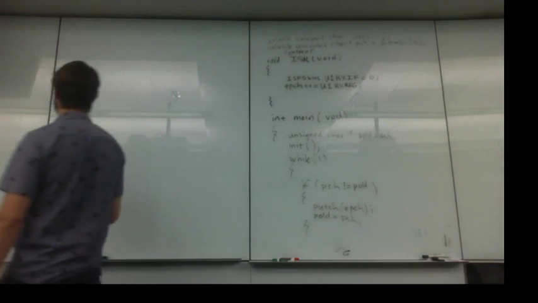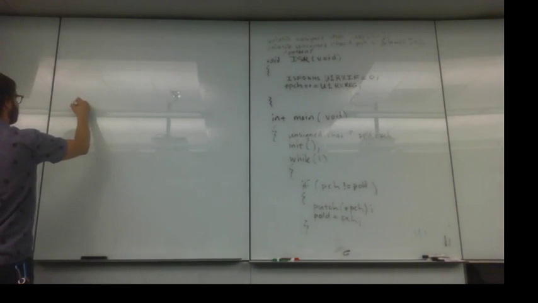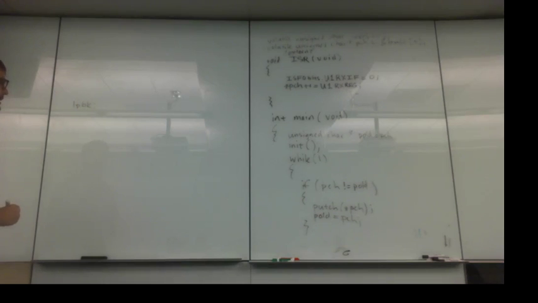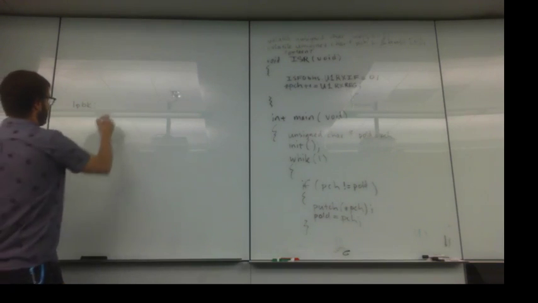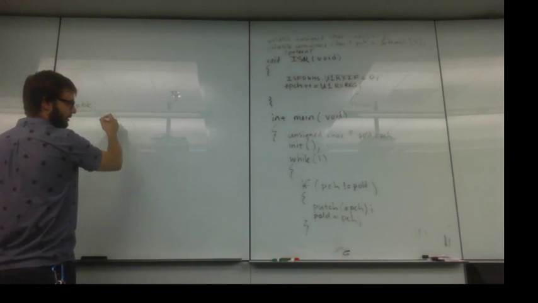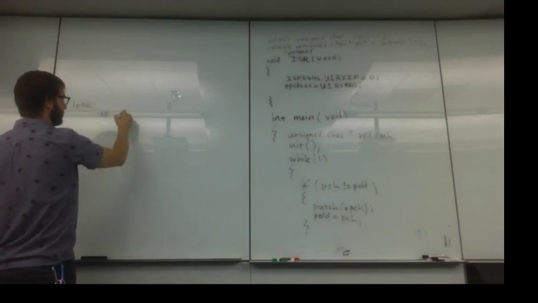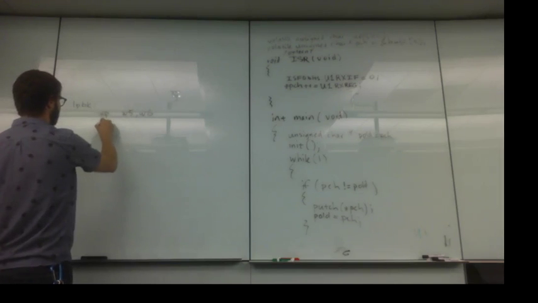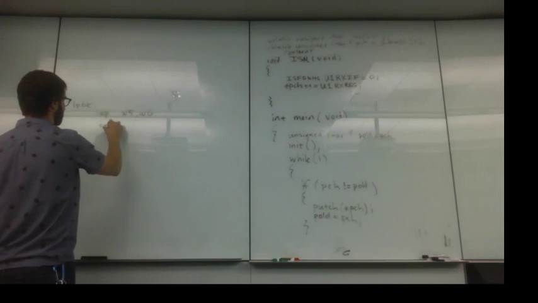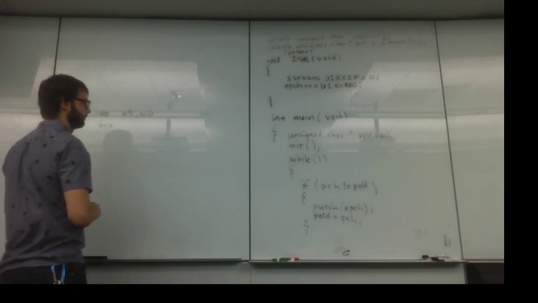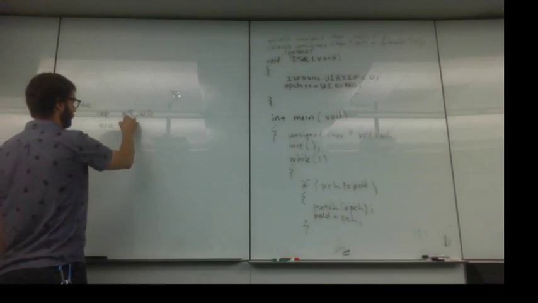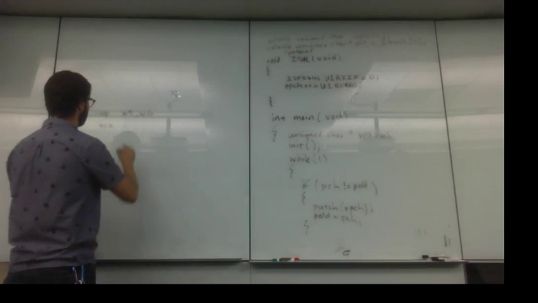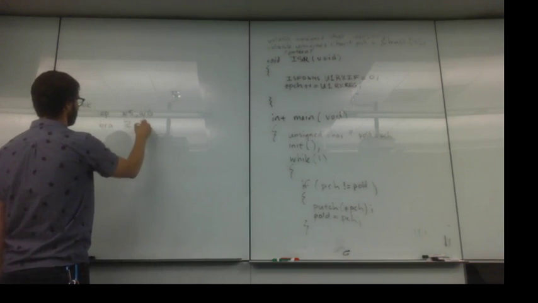So the main code might look something like this. It's going to have a main loop there, and it's going to say, if that is not equal to that, so it's going to be CP, let's say we're using W5, W6, and then branch if they are equal, branch if they're equal to loop back.